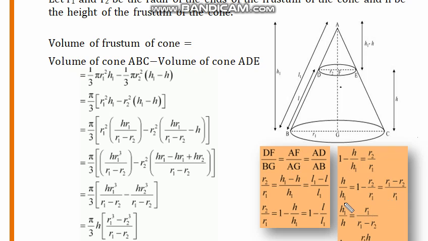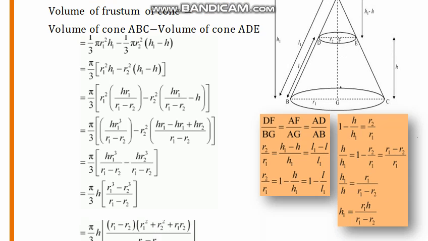Taking the reciprocal, H1 by H equals R1 divided by R1 minus R2. So H1 alone on the left side and H on the right side gives H1 equals R1H divided by R1 minus R2.